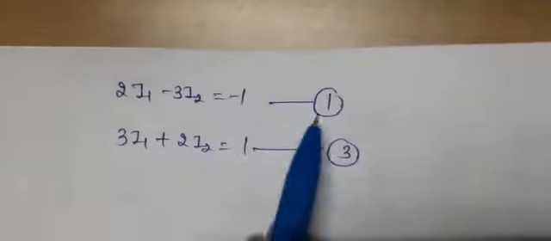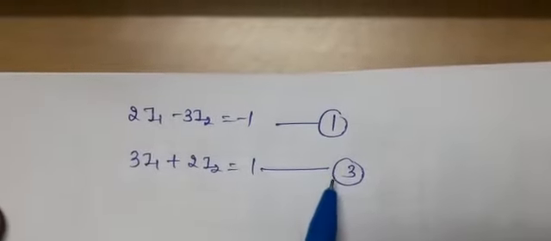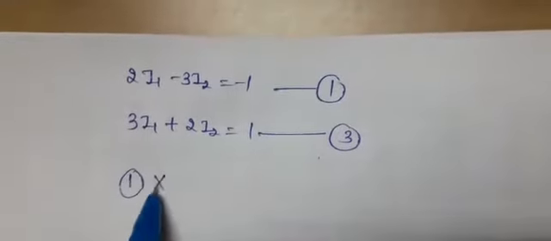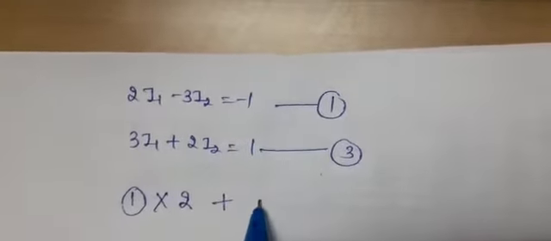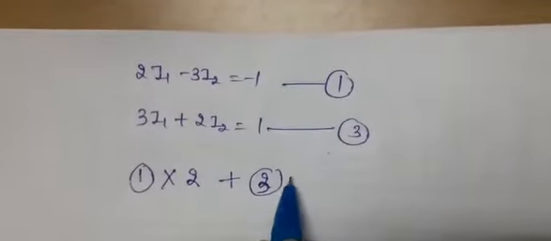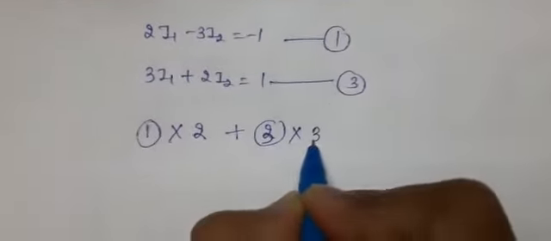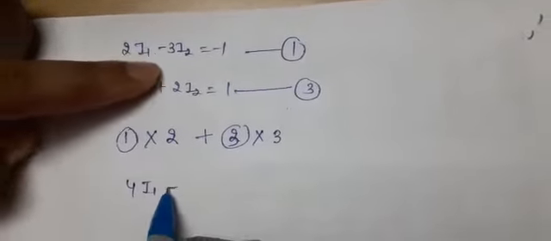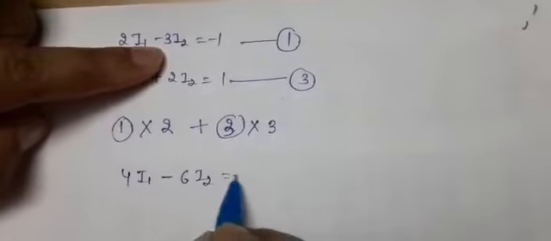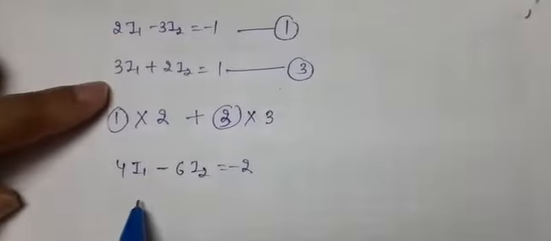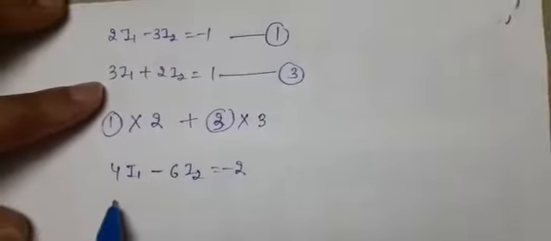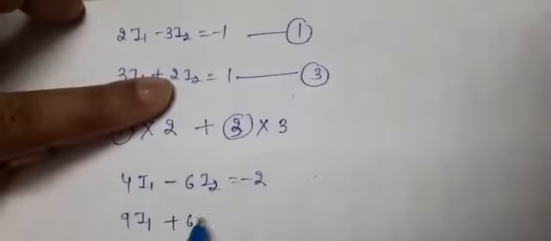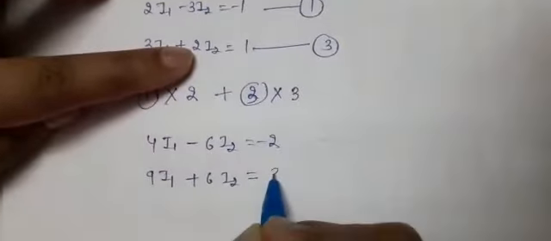So now we have these two equations. To calculate the values of I1 and I2, we will multiply equation 1 by 2 and equation 3 by 3. Multiplying the first equation by 2, 4I1 minus 6I2 equal to minus 2, and multiplying the third equation by 3, this is your 9I1 plus 6I2 equal to 3.